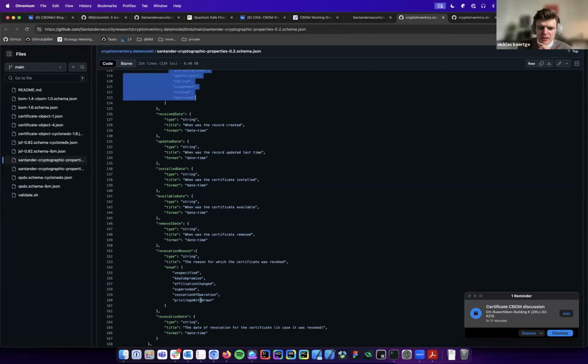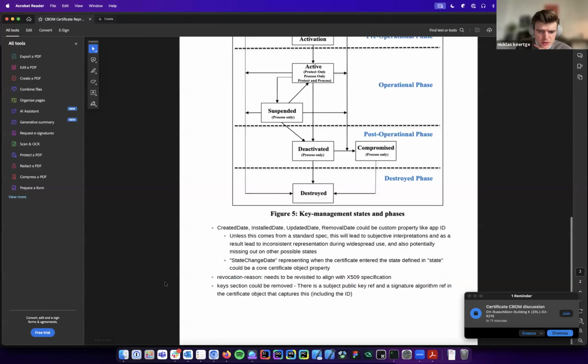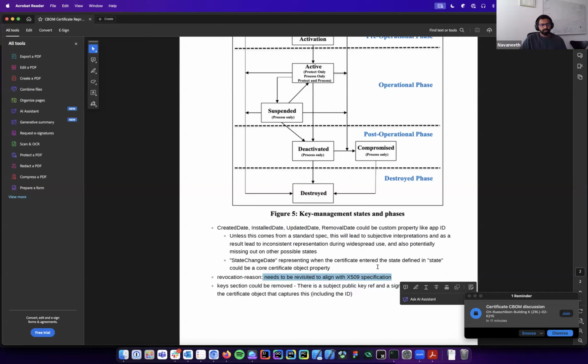I think they took some also from a standard, the X509 specification. You said we have to look at whether those are actually the things mentioned in the X509. Yeah, that's right. So this also needs to be revisited.